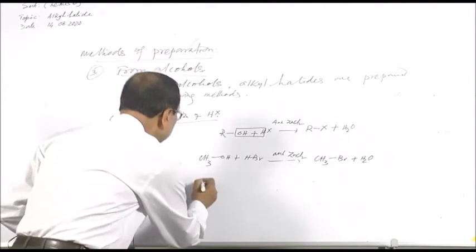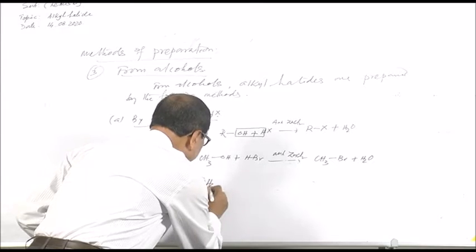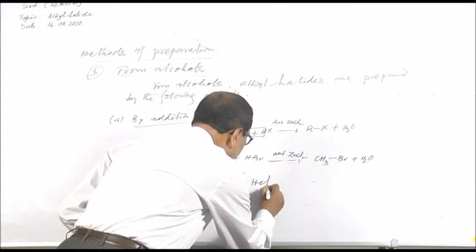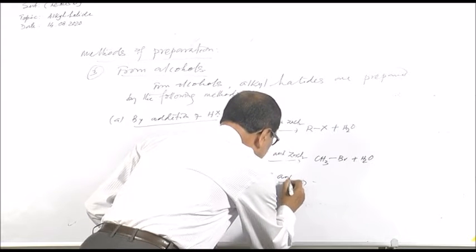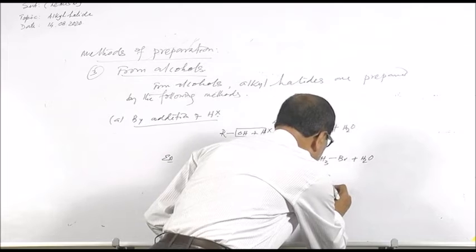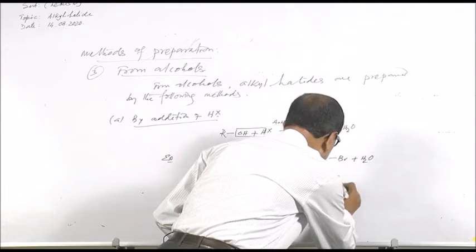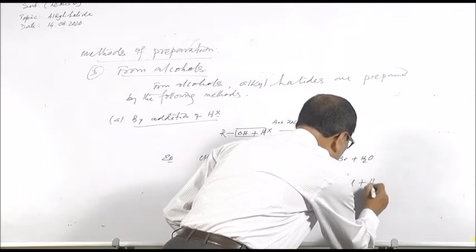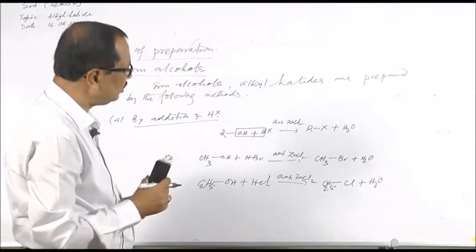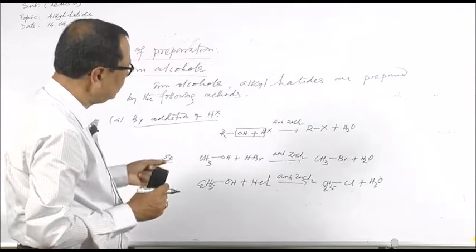Similarly, you can also take C2H5OH plus HCl in anhydrous zinc chloride. It gives you C2H5Cl plus water.